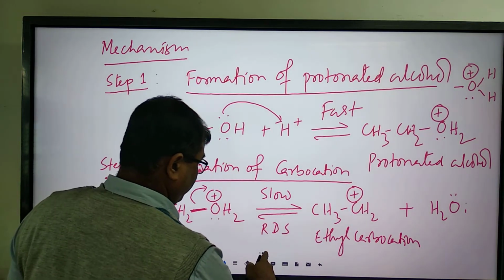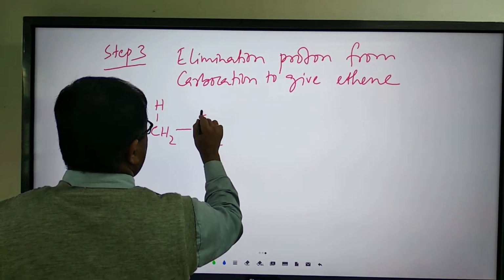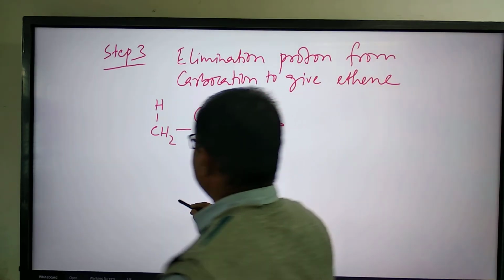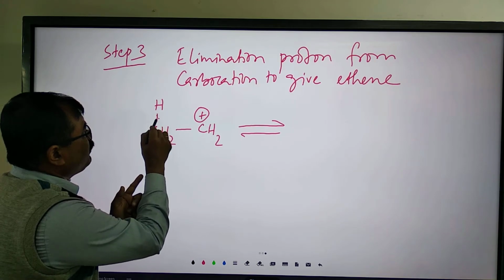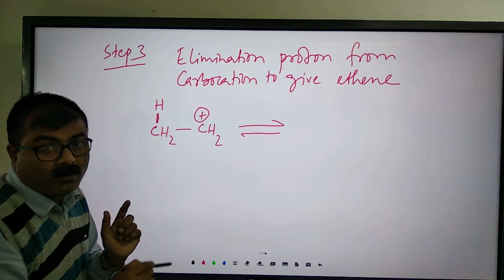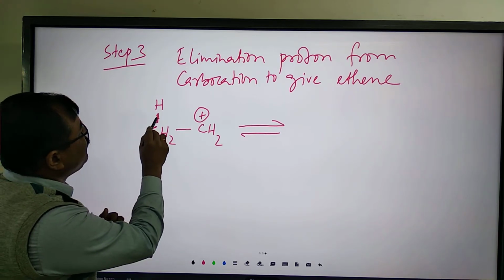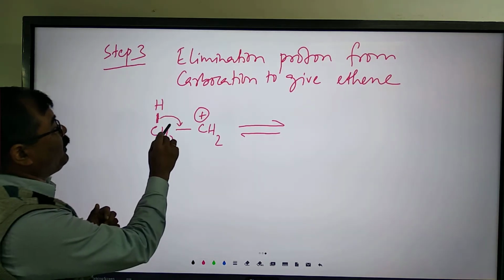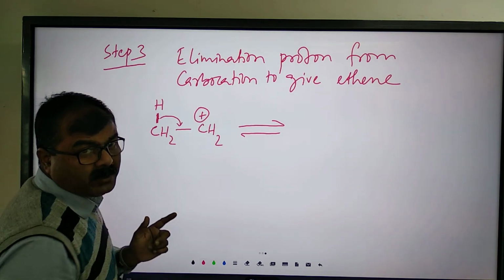Now the covalent bond between carbon and hydrogen will break, and this bonded pair of electrons will transfer to form another covalent bond between carbon and carbon, because this carbon is positively charged.